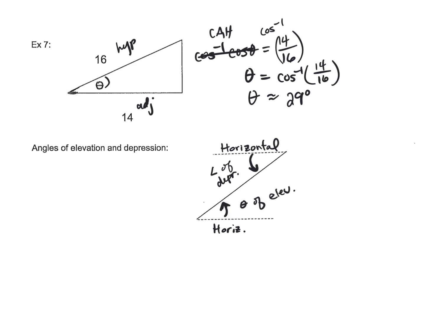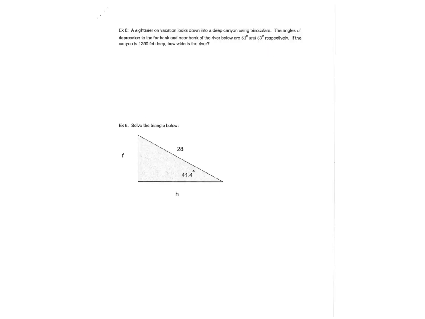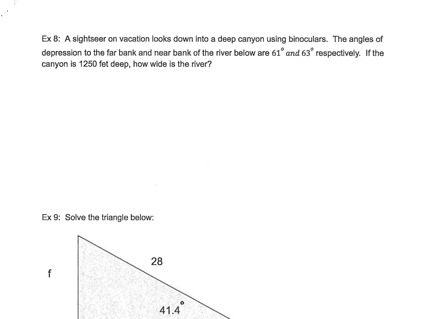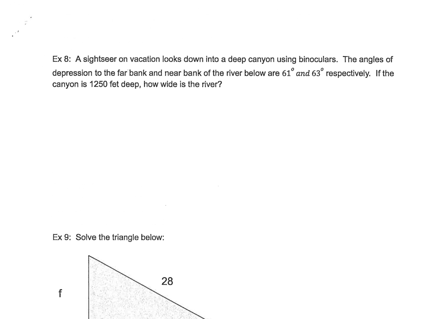So when we use these, it's almost always strictly in word problems. So you have to be able to draw the picture and know where to put that angle, whether we're looking up or down, right? Let's look at these. Example 8: a sightseer on vacation looks down using binoculars.